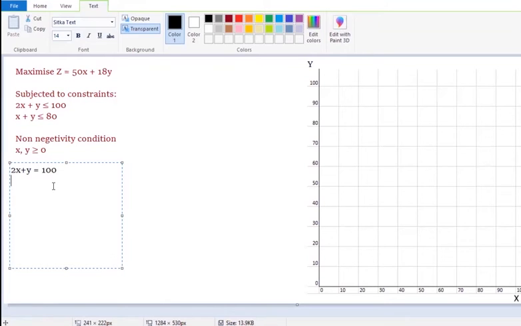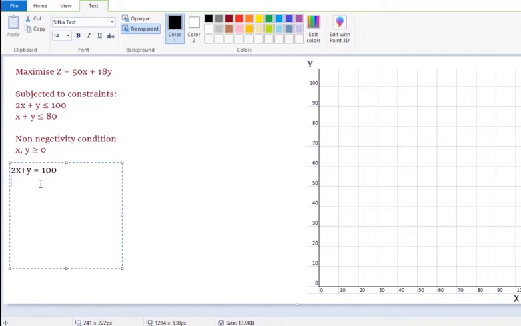So the first activity is to convert the constraint into an equation. The first constraint is converted into an equation. This is an equation in x and y, and it is actually the equation of a line.